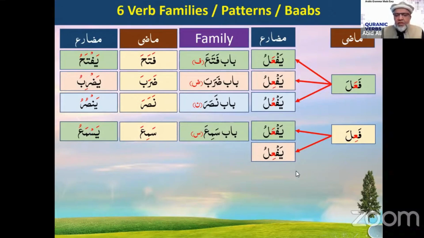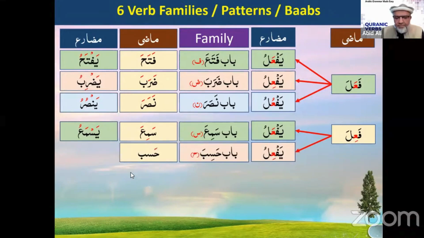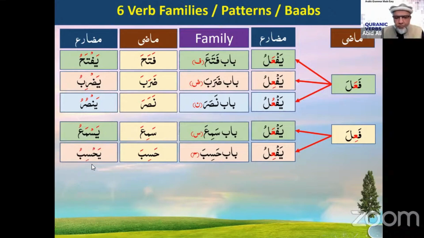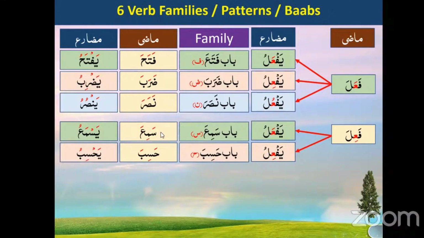Okay, the next one is Bab Hasiba. In the Madi it will be Hasiba, right? Because Madi is not going to change, because it's the Kasra one. And it will become Yasibu. Follow? So if you look at this and this alone, you will say, what is the difference between this and this?